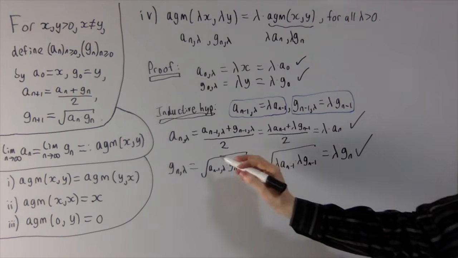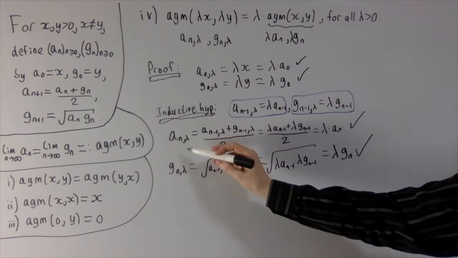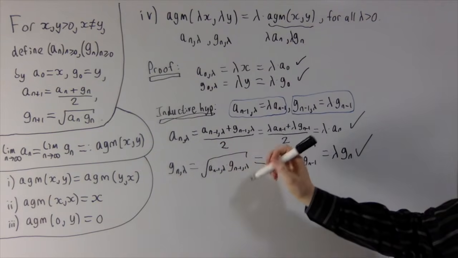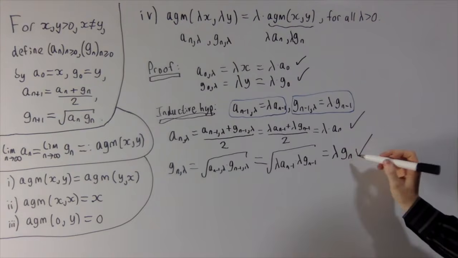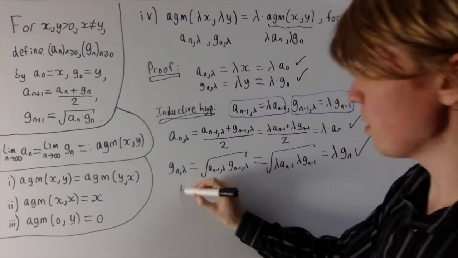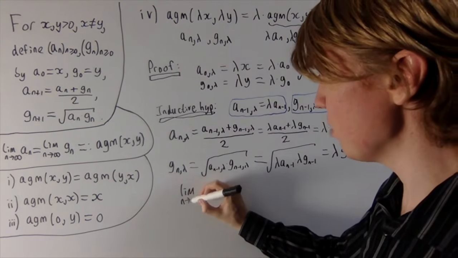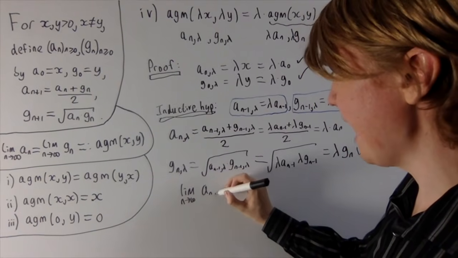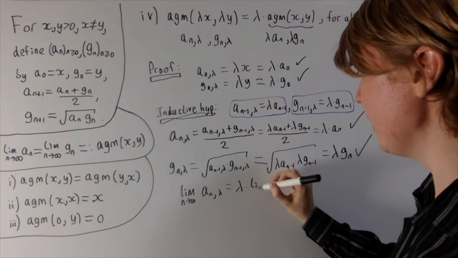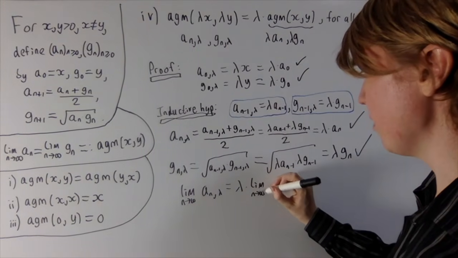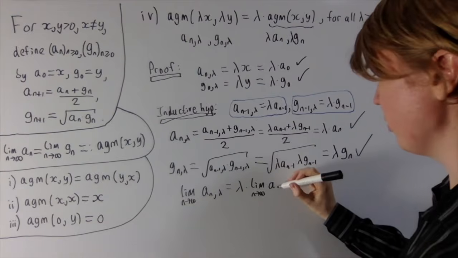So we've actually now proven this then, that a_n(lambda) is always equal to lambda a_n. We've also shown that g_n(lambda) is always equal to lambda g_n. So certainly you can say that the limit as n tends to infinity of a_n(lambda) is always equal to lambda multiplied by the limit as n tends to infinity of just a_n.